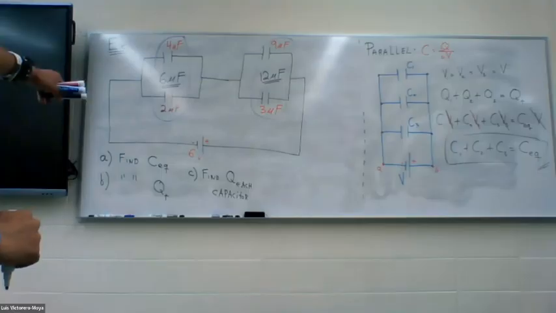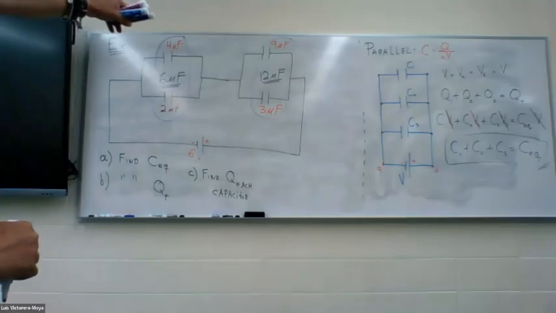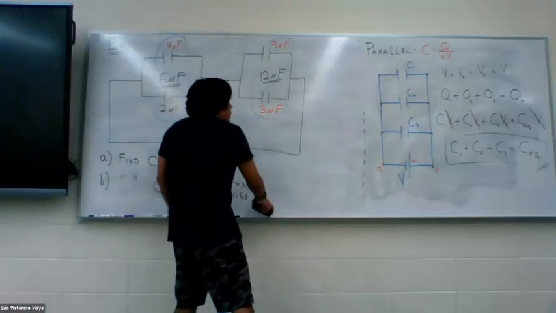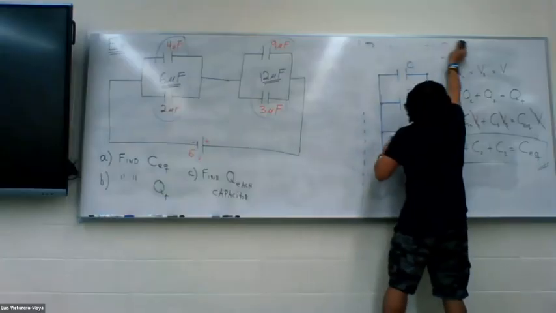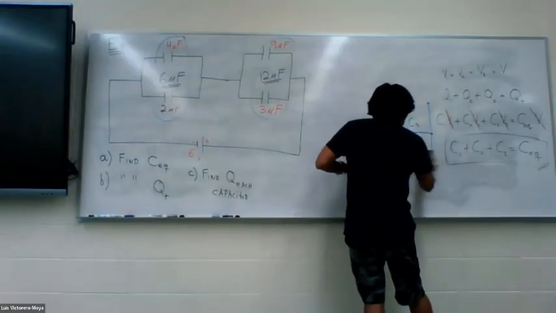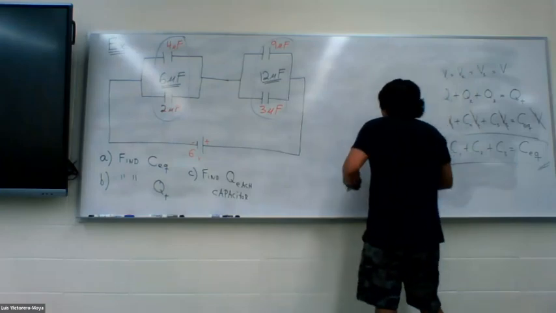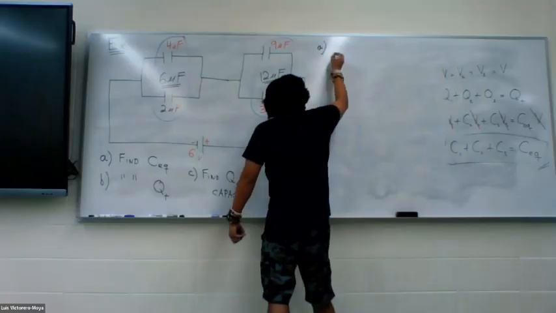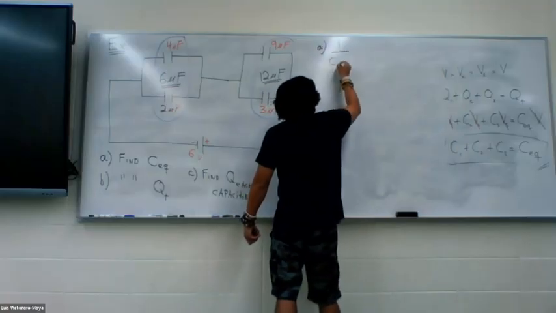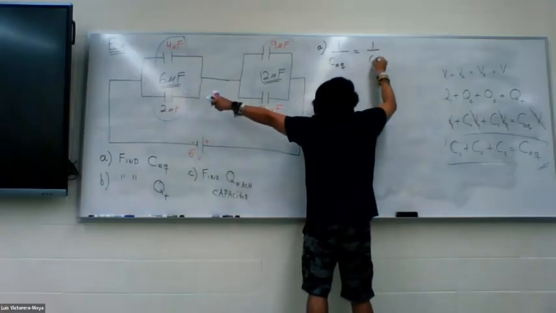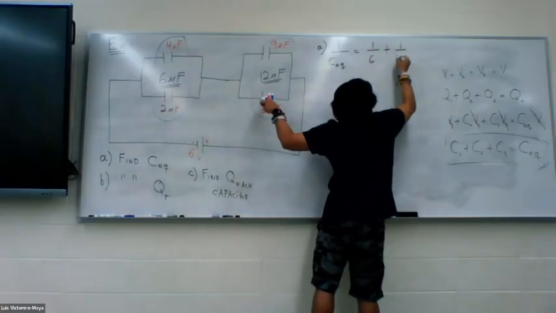So to find the equivalent capacitance, we have to combine in series 6 and 12. Well, we use the equation for capacitors in series. 1 over C equivalent is equal to 1 over 6 plus 1 over 12.